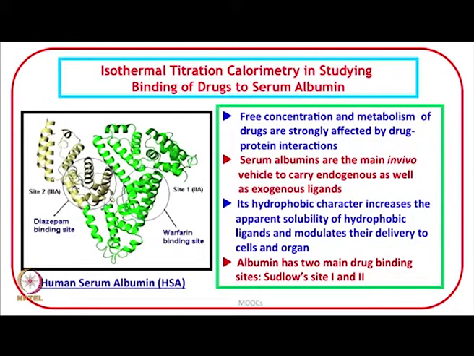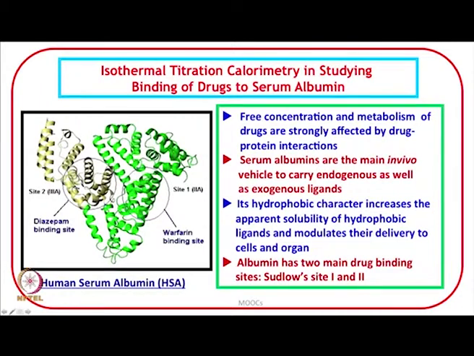Albumin has two main drug binding sites which are called Sudlow's site 1 and site 2. But if we look at the structure of serum albumin, there are many other binding sites available. In fact, the various ions also have shown binding affinity towards serum albumin. But depending upon the amino acid sequences, these two binding sites, Sudlow site 1 and Sudlow site 2, have been identified where a variety of drug molecules go and bind.